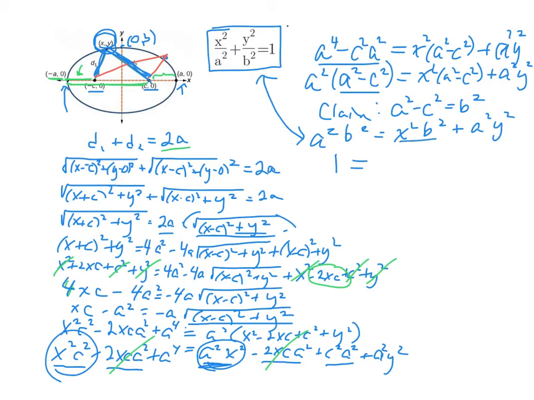And dividing this by a squared, b squared, my b squareds cancel. So we have x squared over a squared. And then if I divide this by a squared, b squared, my a squareds cancel. And I have y squared over b squared, which is what we're looking for.